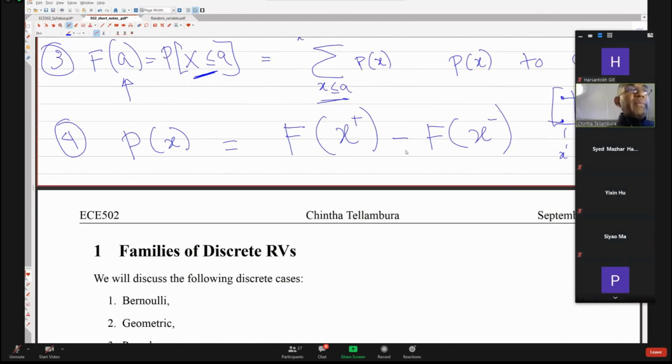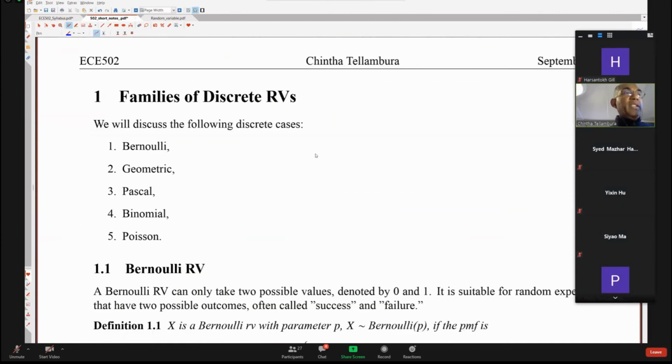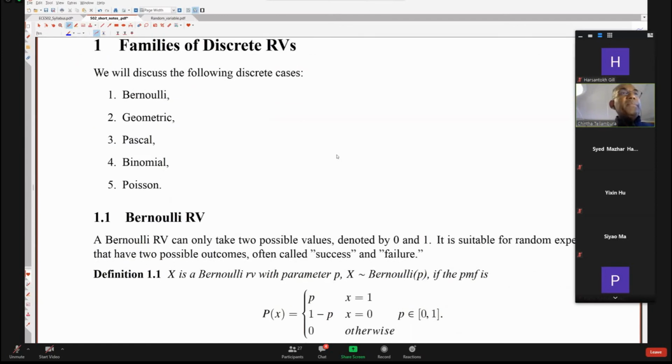In my PDF, I have given you in section 1 some basic probability models or random variables. There are many more, but for this particular course, it's enough to know the properties of 1 to 5: Bernoulli, geometric, Pascal, binomial, and Poisson random variables.